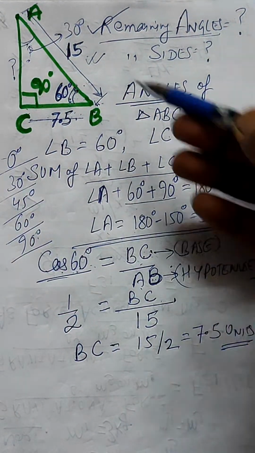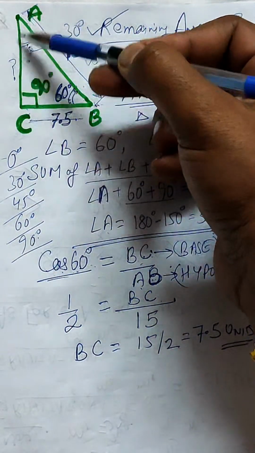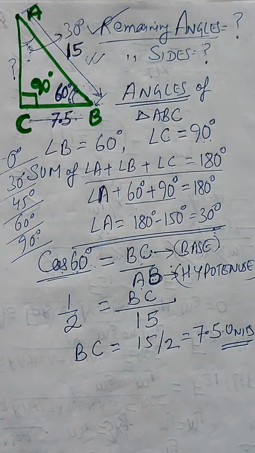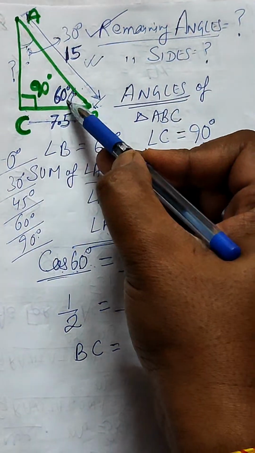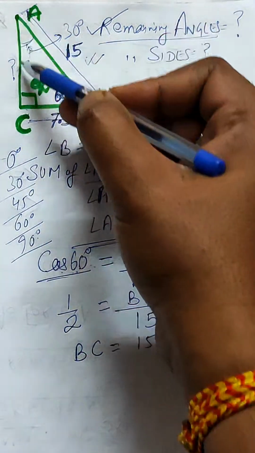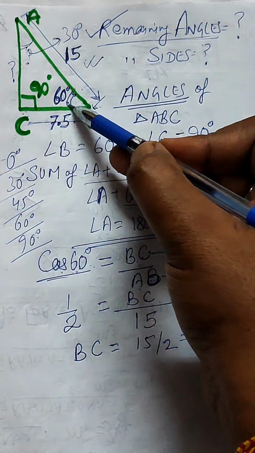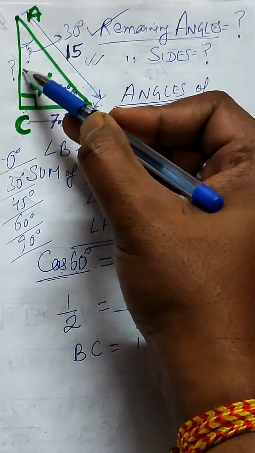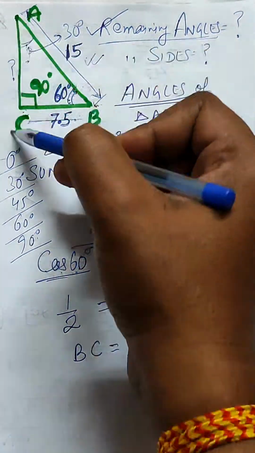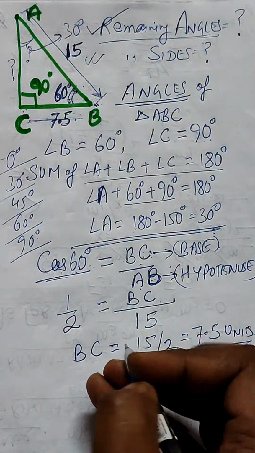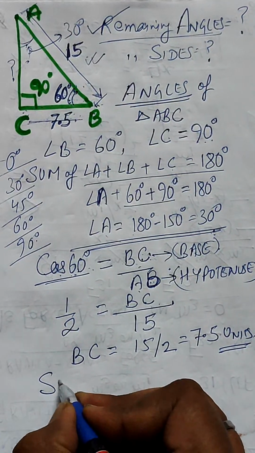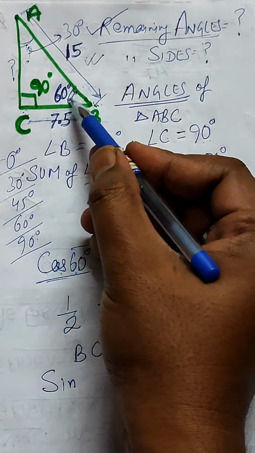Now to calculate this part AC, what will we be using? What is the relation if this is the perpendicular and this is the hypotenuse? Considering this angle, this relation will be given by sine. AC by AB is given by sine. So we will be using sine of the given angle of 60 degrees.